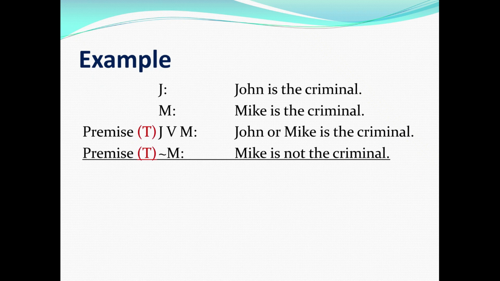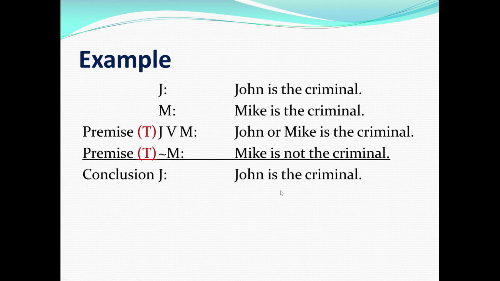So Mike is not the criminal. That leaves us with the conclusion J: John is the criminal. So notice here that the premises are both true and the conclusion must therefore also be true, okay?